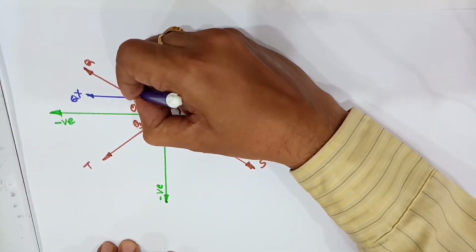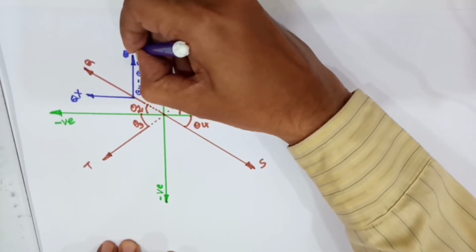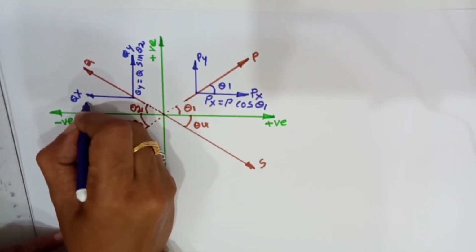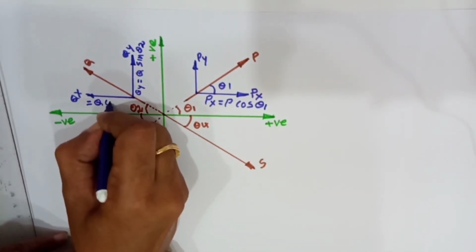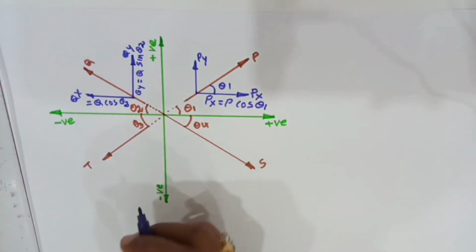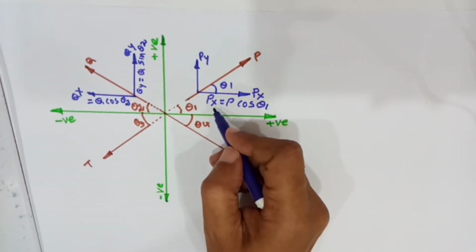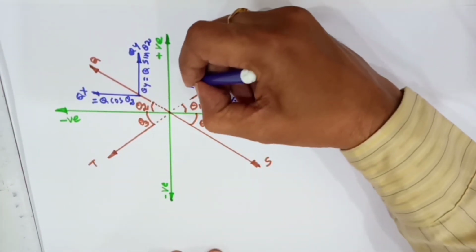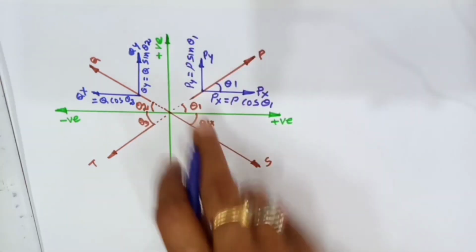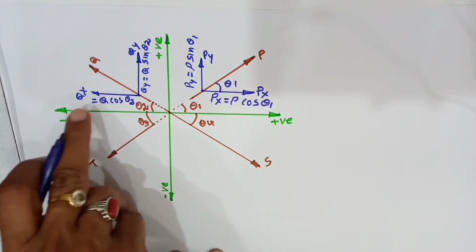So Qy is equal to Q sin theta 2 and Qx is equal to Q cos theta 2. Here Qy is positive and Qx is negative.